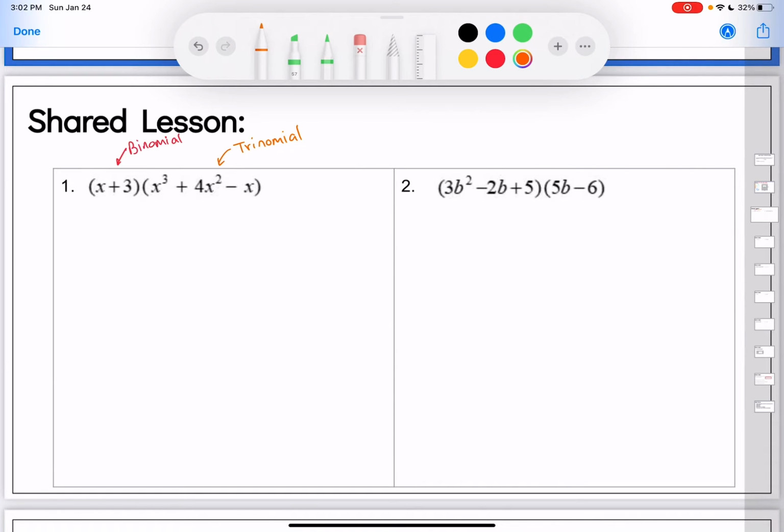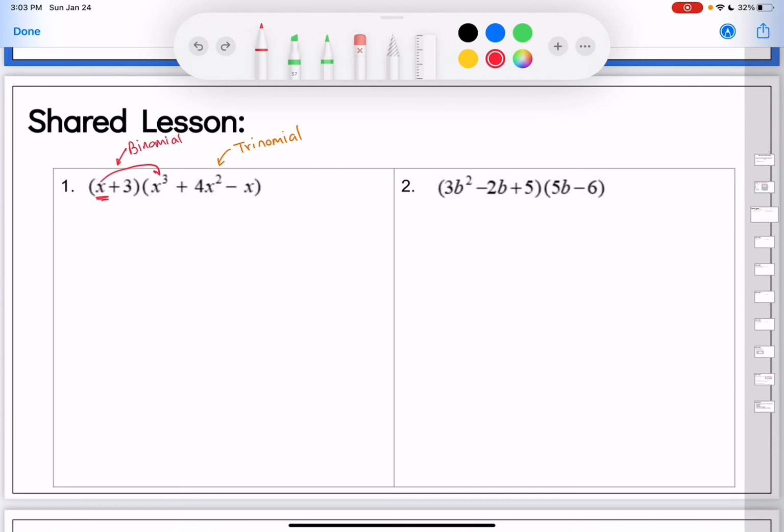So when I have two things, the idea is the same, but this time I want to make sure that I first take the first term of my binomial and multiply it by everything in my trinomial. And then I will take the second term of my binomial and multiply it by everything in my trinomial.